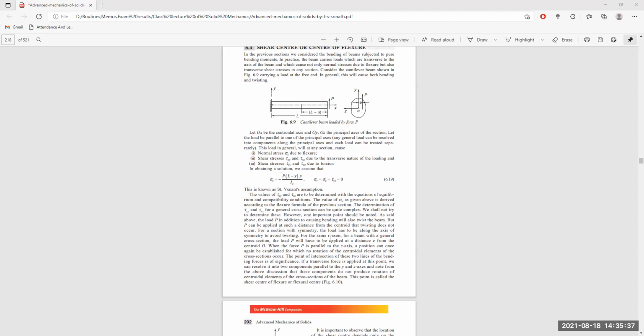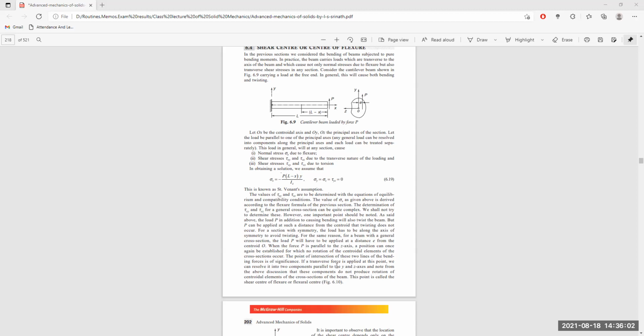On the same condition, for a beam with a general cross section, the load will have to be applied at a distance e from the centroid O. When the load P is parallel to the Z axis, a position can be established for which no rotation of the centroidal element of the cross section occurs. The point of intersection of these two lines of the bending force is of significance.